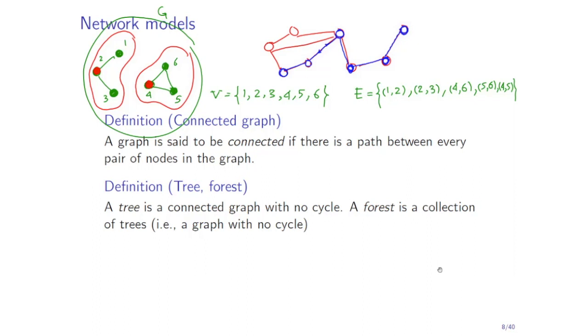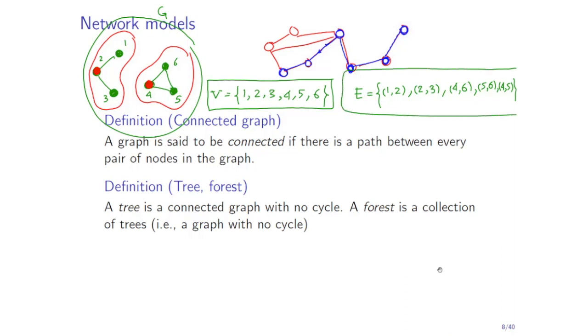Okay. Before I go forward, let me add something about this notation. Of course, as I said, V is the set of vertices, so it's a natural way to represent a set: 1, 2, 3, 4, 5, 6. Now about the edges. This notation that I use, for example, 1, 2, is an ordered pair.